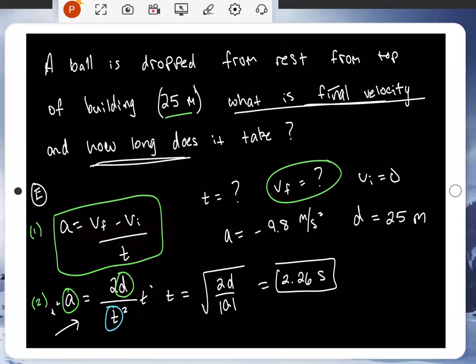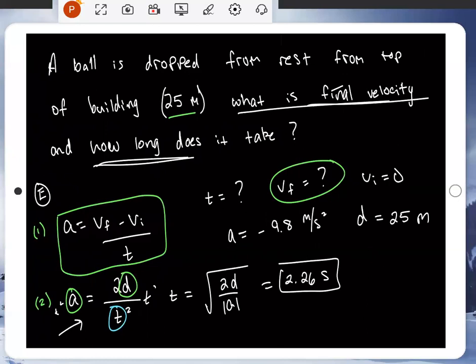Because they were asking for final velocity, and velocity is a vector, which means it has to have a direction. And velocity is always in the direction of motion. If I drop something, its direction of motion is towards the ground, right? Oh, okay. And we usually say that up is positive.